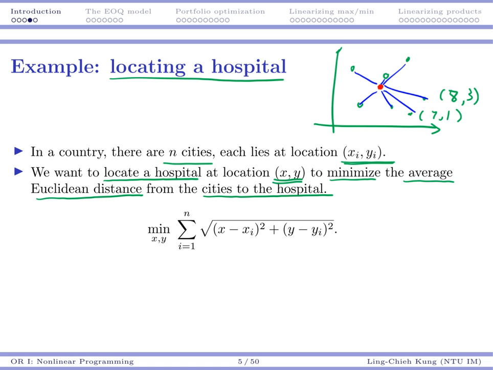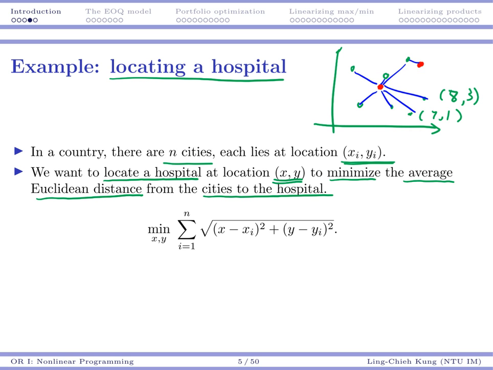I may have several options. For example, maybe I want to choose the hospital to be here. If I do that, then the distance would be somewhat different, and in each setting, I would have a different average Euclidean distance.